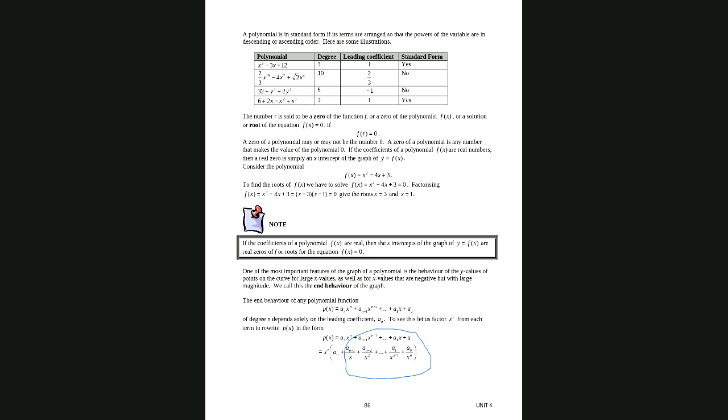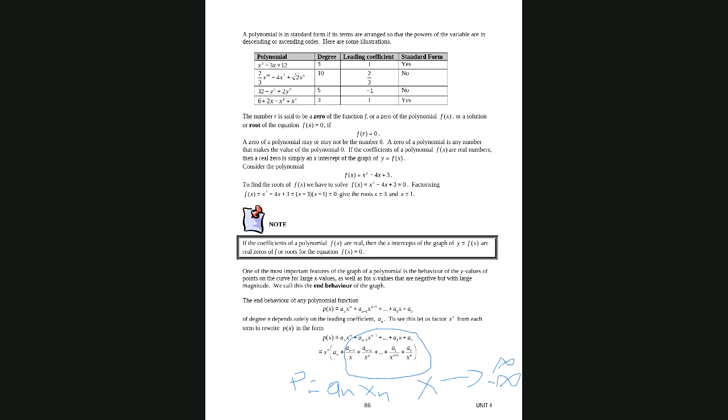Can we see that? Who cannot see that? So as x becomes very large, p of x will be left with only a_n x^n as x approaches either positive infinity or negative infinity.